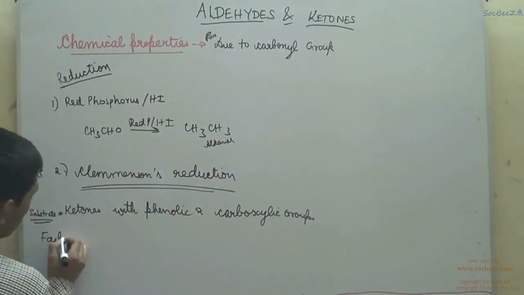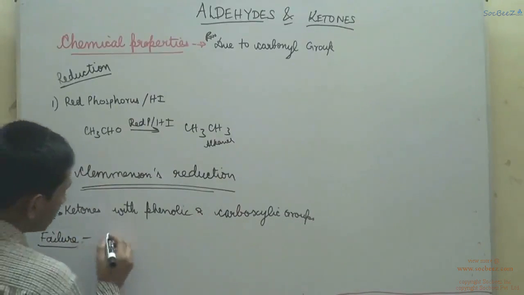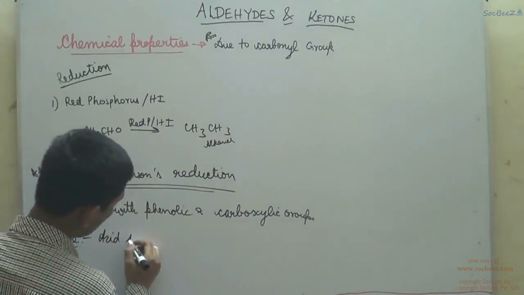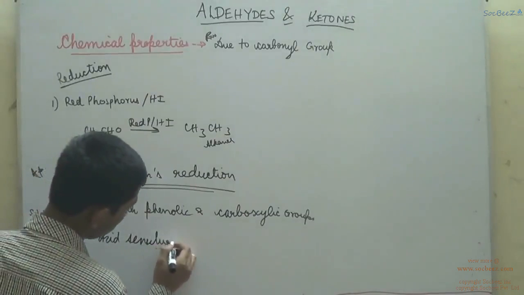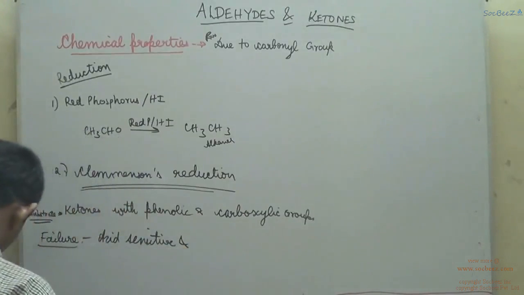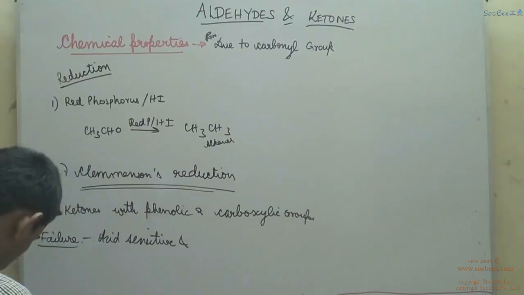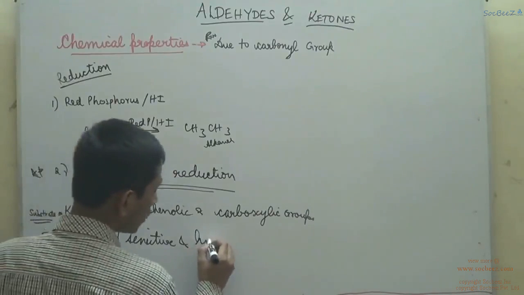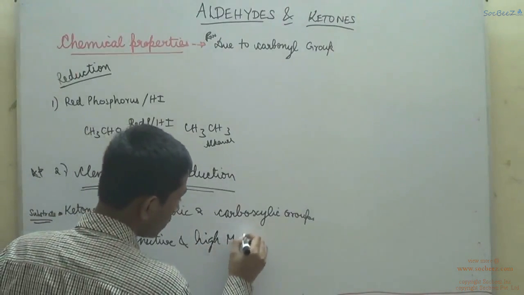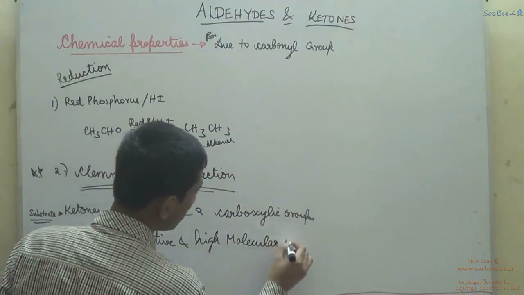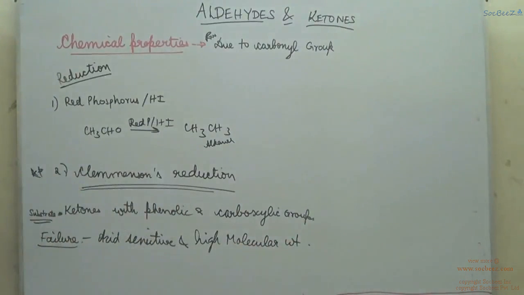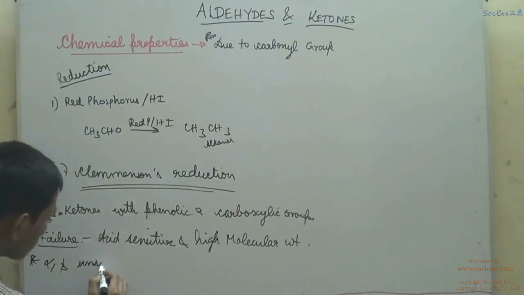So with what does it fail? It fails with acid sensitive compounds and high molecular weight compounds. Okay, so compounds having high molecular weight and acid sensitive compounds fail. And an important point is alpha beta unsaturated ketones.